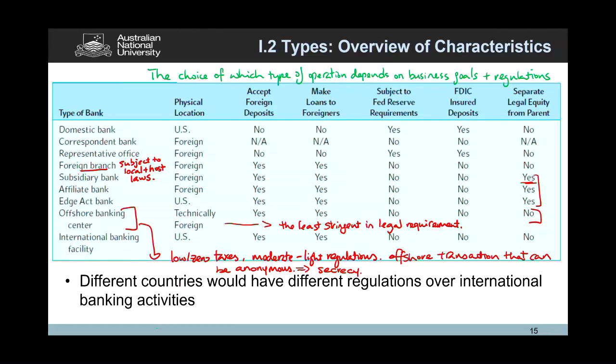So for all of them, they realize that banks are trying to take advantage of this sort of loophole in terms of coverage of regulations for foreign banks and offshore banking centers. And so they are starting to step in to try to regulate these international presences. But it's a very long process, right? Because for regulation of international banks across the world, you have to have agreements from different countries. And as we know, it's very difficult to come up with agreements when it involves more parties.